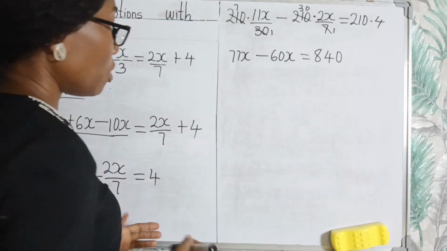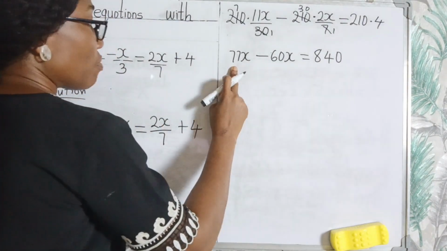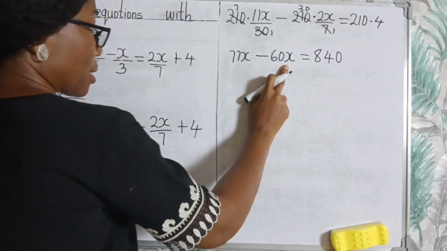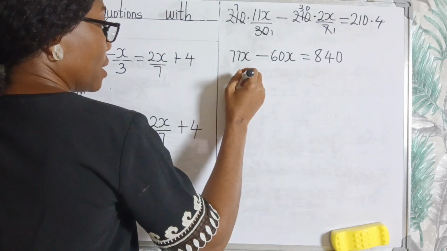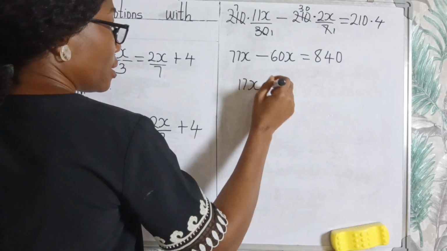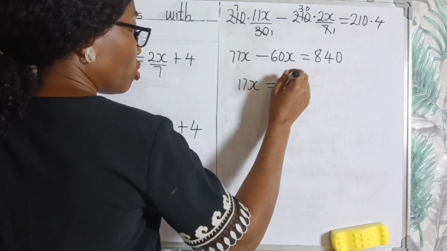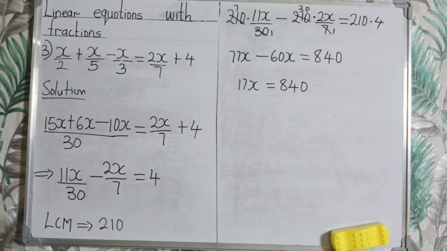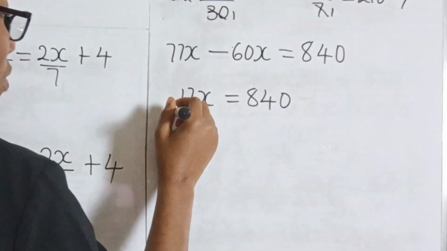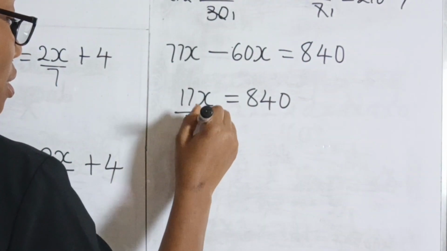Okay, so let's simplify further. 77x minus 60x, we are going to have 17x, and this is equal to 840. So to get the value of x, we have to divide both sides by the coefficient of x, and that is 17.